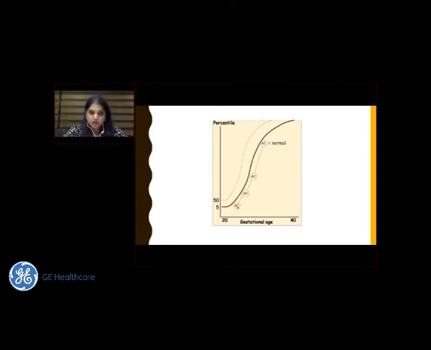So just to remember grossly, if a line plotted with growth is parallel to what you expect, you're doing well. Okay, now look at this. The abdominal circumference here starts off at 50th centile. We are very happy. It drops slightly, but it is still better than 5th centile.